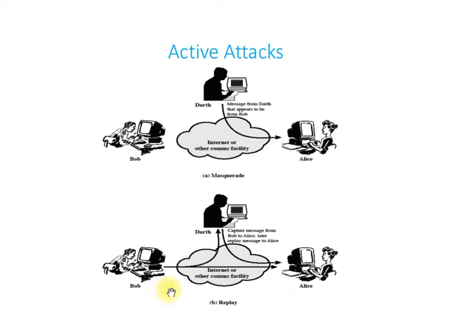And then another example is he captures messages from Bob to Iris, and later replays the message to Iris. So this is what we are actually seeing here. Bob sends a message, it goes to the guy, and then the guy sends a message to Iris, so it's pretending to be Bob.